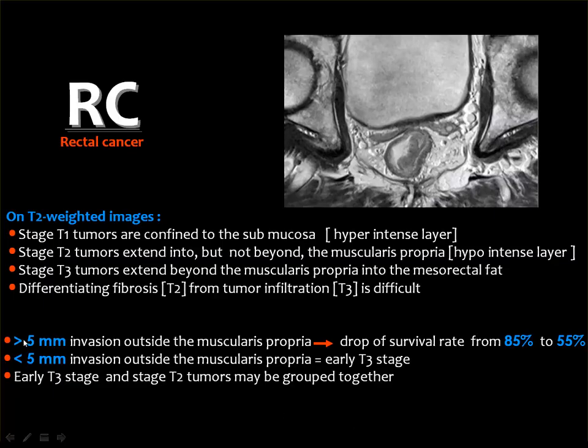Then more than 5 millimeter invasion outside the muscularis propria will lead to a drop of the survival rate from 85 to 55%.